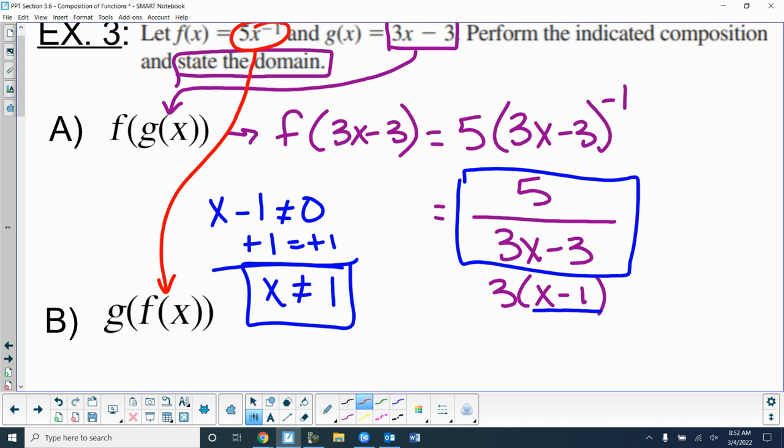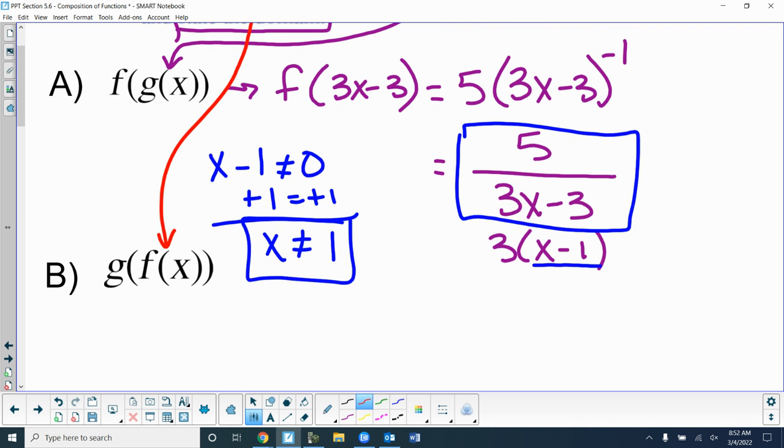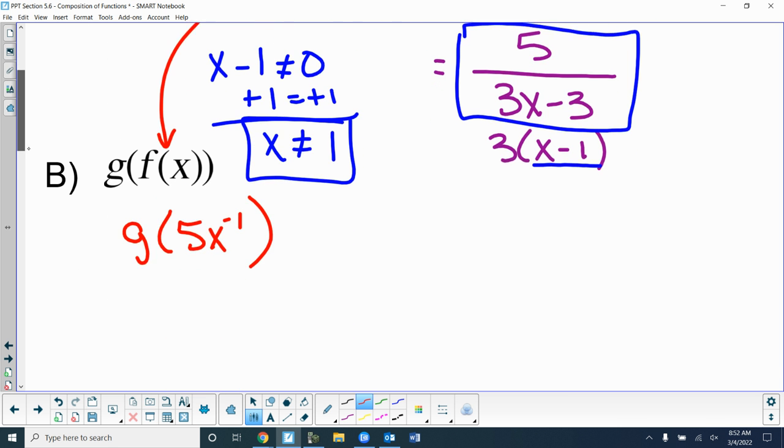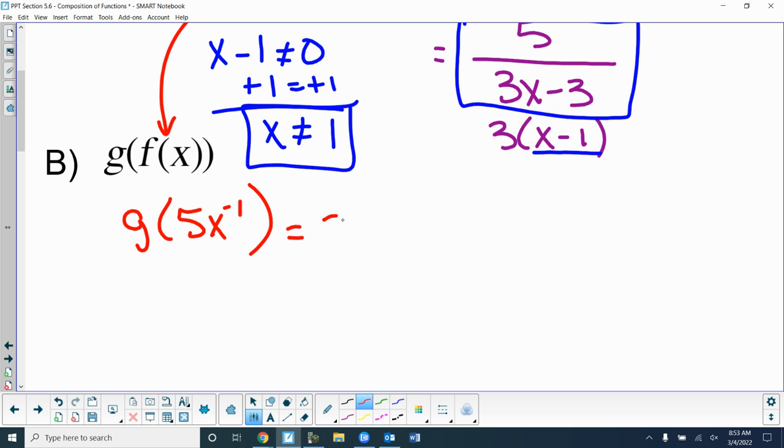So this is g of 5x to the minus 1 power. And my g function is 3x minus 3. So wherever I see an x, I put that. Okay, now I got that.